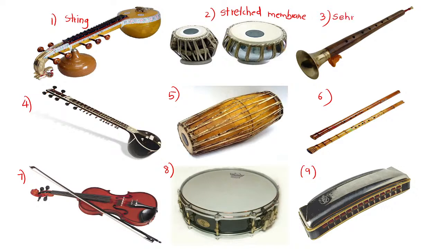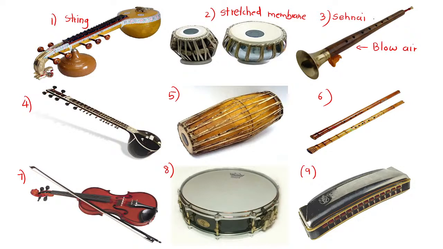Shehnai, you must have heard people playing at weddings or some religious festivals. How does it produce sound? You have to blow air into it, isn't it? When you blow air into this, the air moves through it, and the shehnai player, can you see these air holes here for the movement of air to come out.